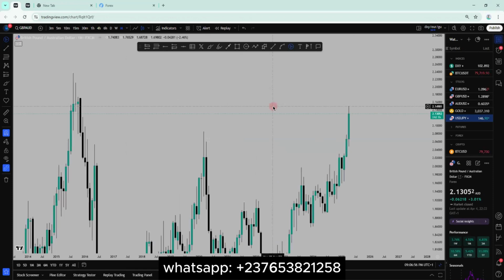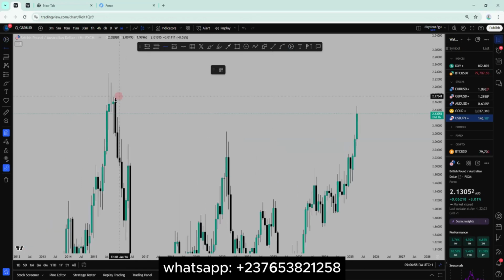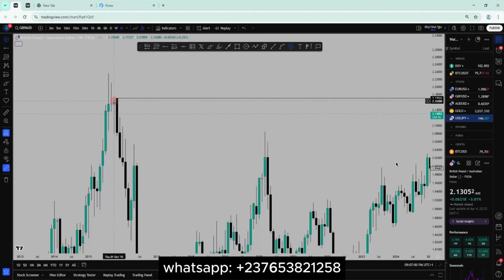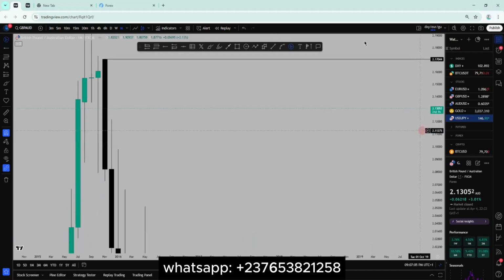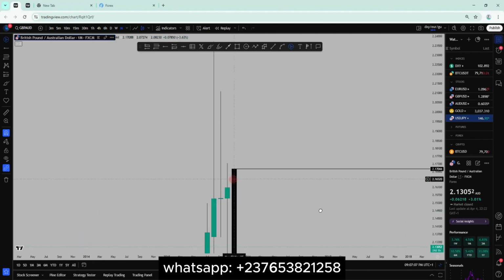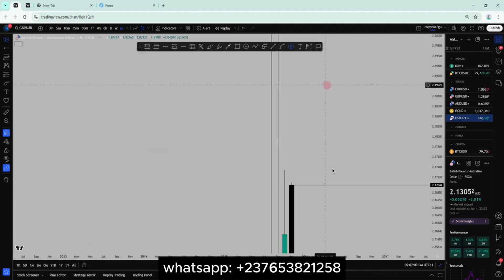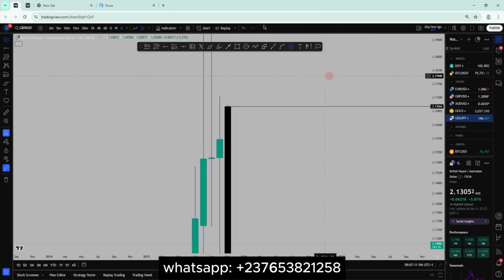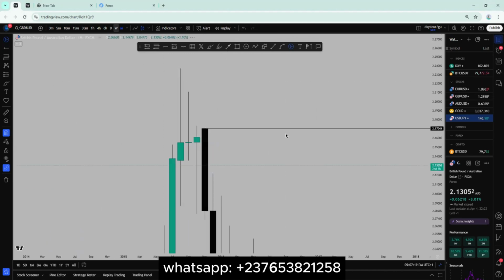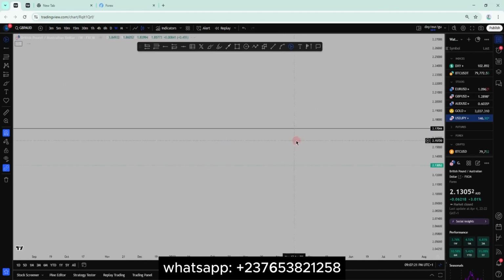I think we've hit a good level. Maybe price will want to come to this candle's high. Yeah, I looked at this. Okay, so we've reached a level where we can expect maybe a pullback from.